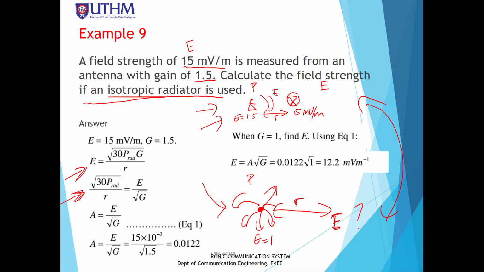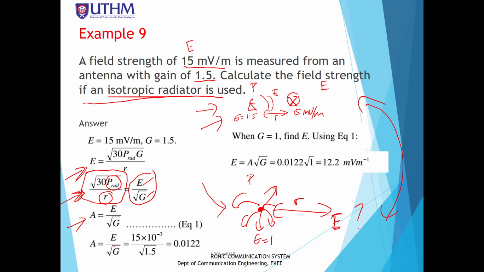Kenapa solution ini membuat begini? Because we don't know how much is R, but we know how much is E and we know how much is G. So the square root of 30 times P divided by R will become a variable, dia akan jadi satu variable yang kita tidak tahu. But we know E over square root of G. So let's say A becomes E over square root of G. Katalah A bersamaan dengan E over square root of G.